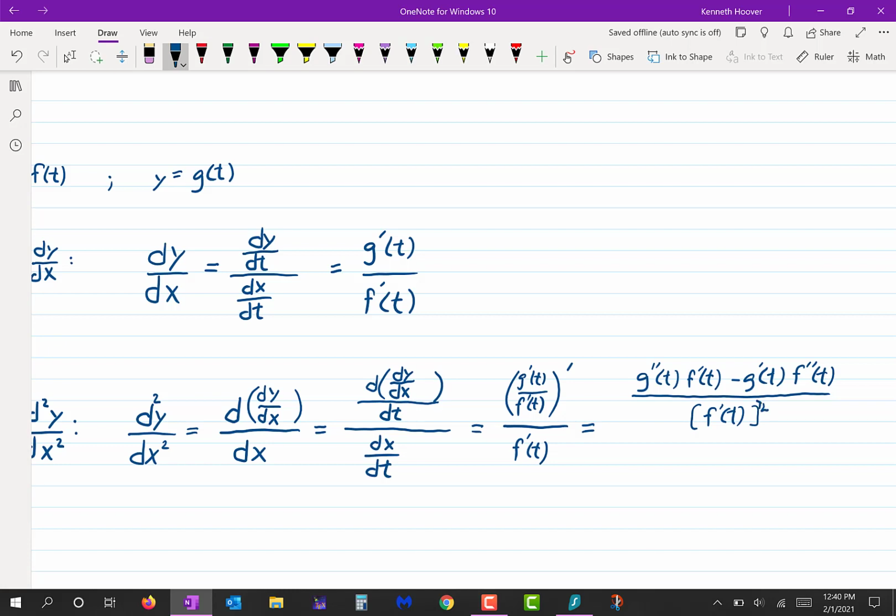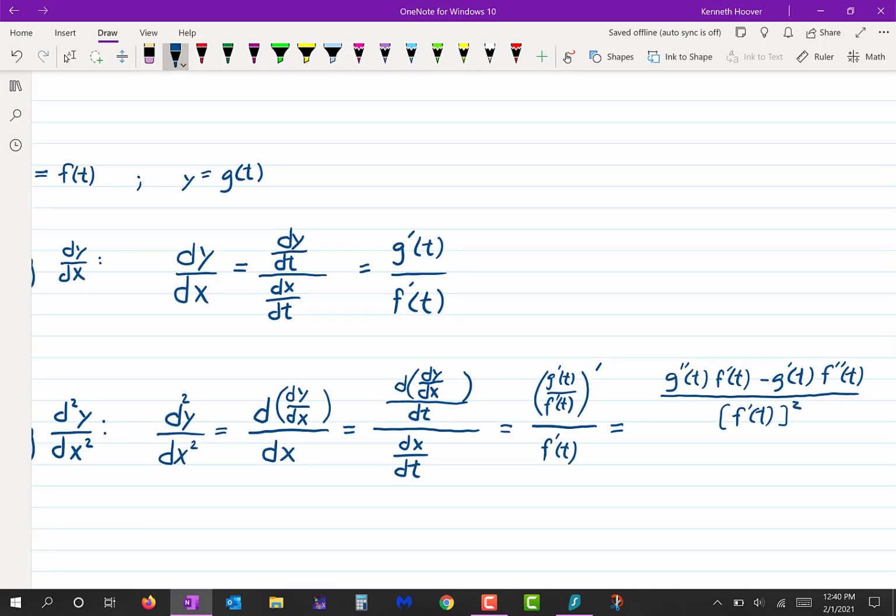And then that whole thing gets divided by f prime of t.